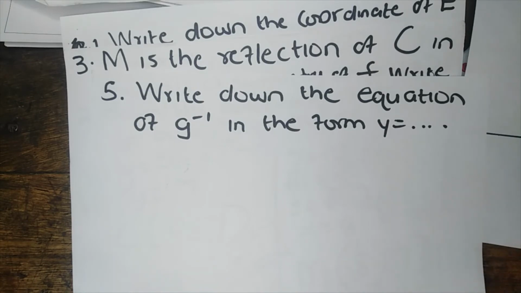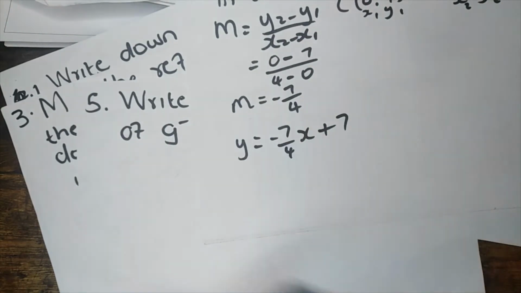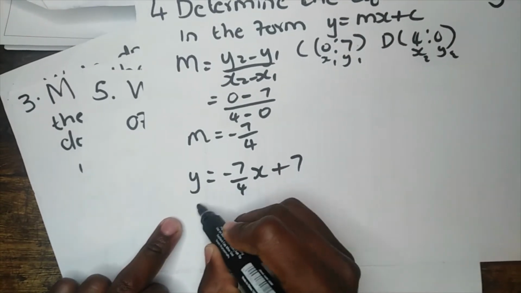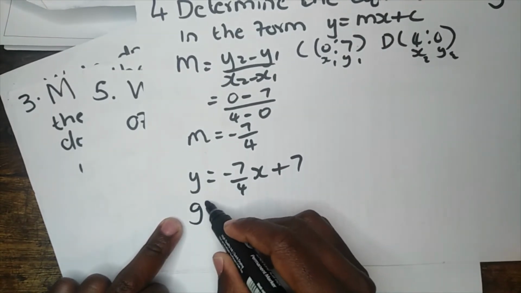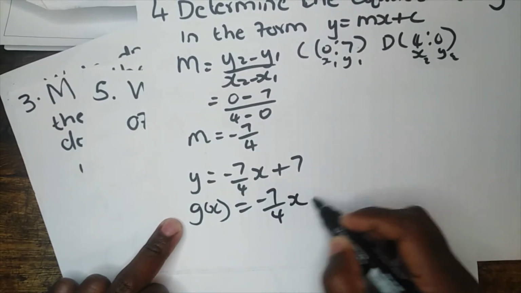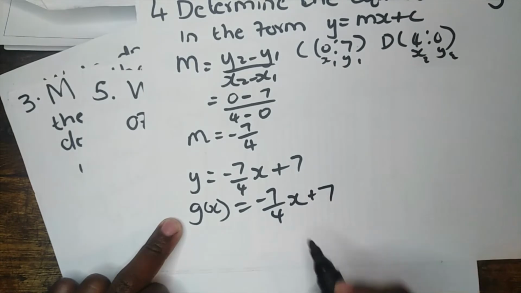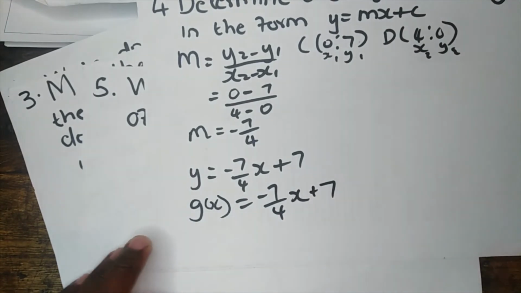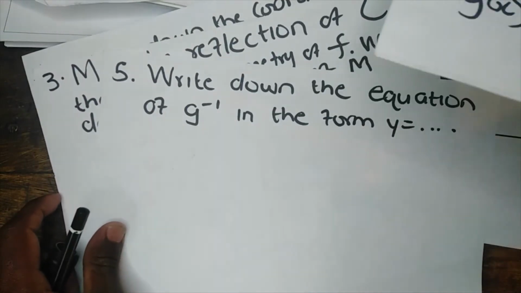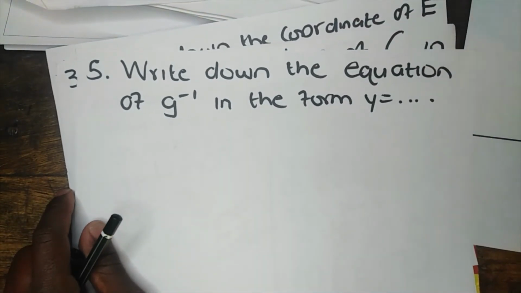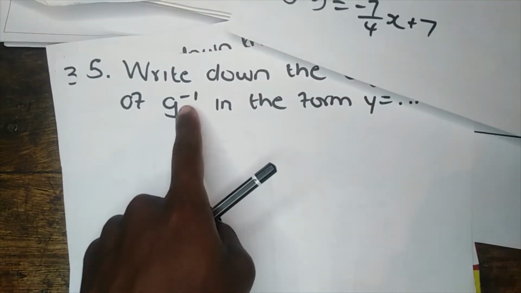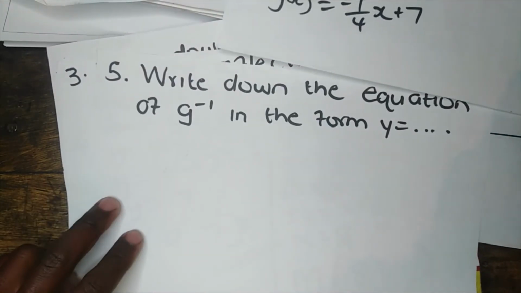This is our G(x), which is equal to negative 7 over 4 x plus 7. This is our G(x). So now they say let's find the inverse of G(x). Right, the inverse of G(x).